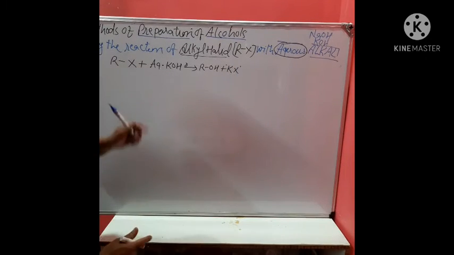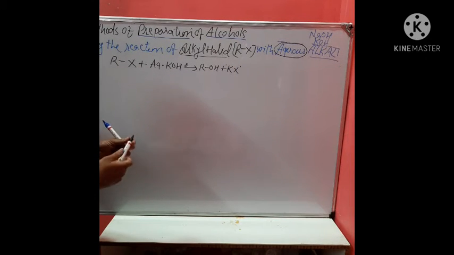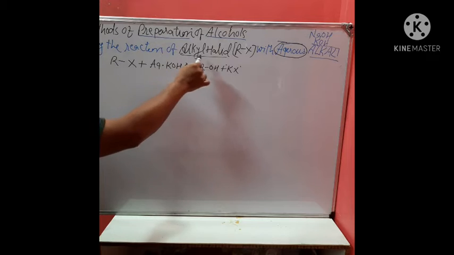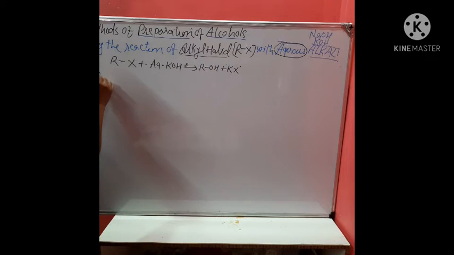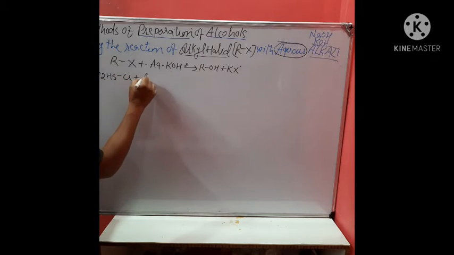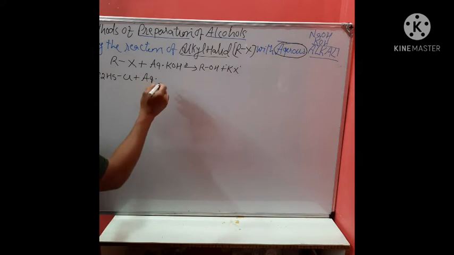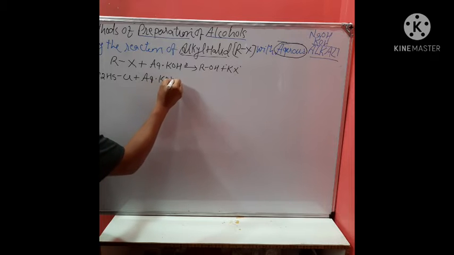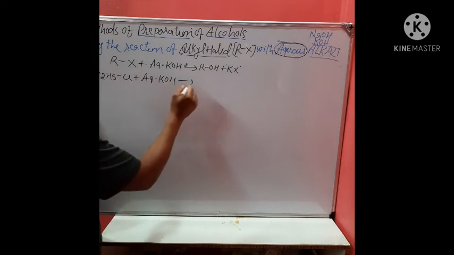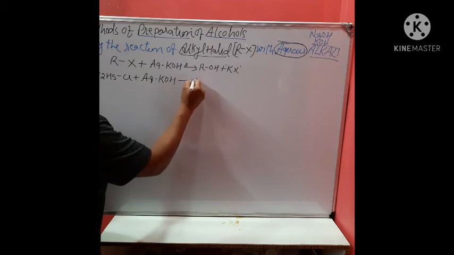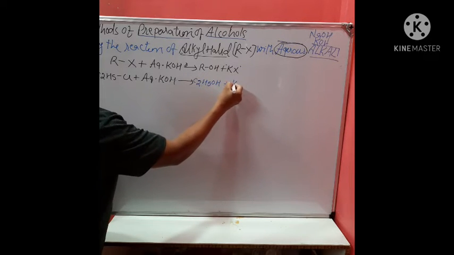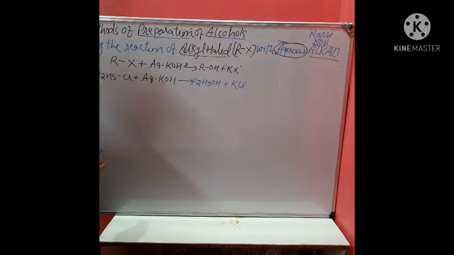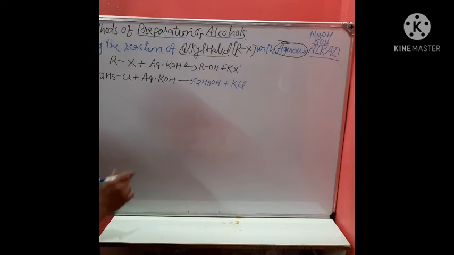If we convert it, like C2H5Cl plus aqueous KOH, remember it must be aqueous, then it forms C2H5OH plus KCl. This is one of the reactions.